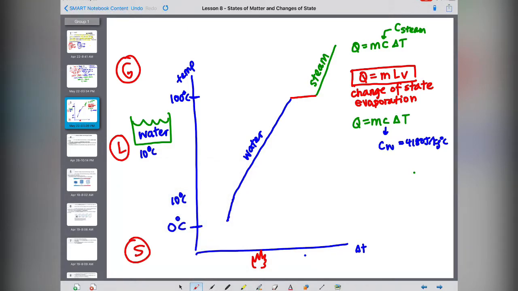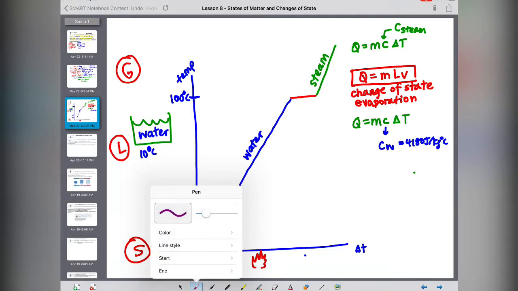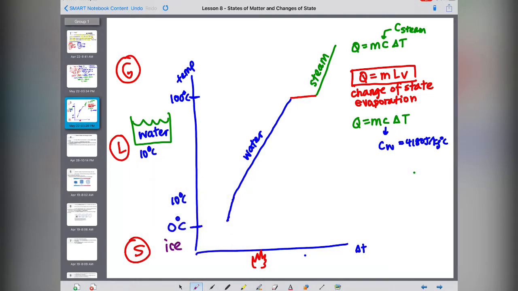So now I am dealing with ice, and I have another plateau because there is another change of state. My equation is still a Q, but this time it is Q equals mLf. I'm going to write this out. Lf means latent heat of fusion.